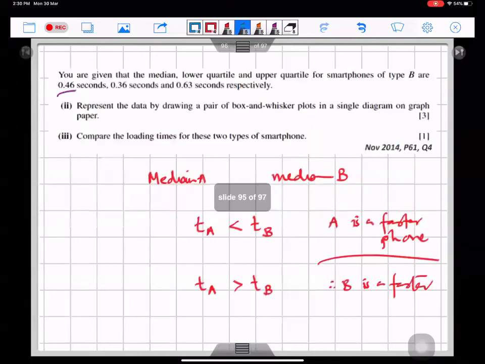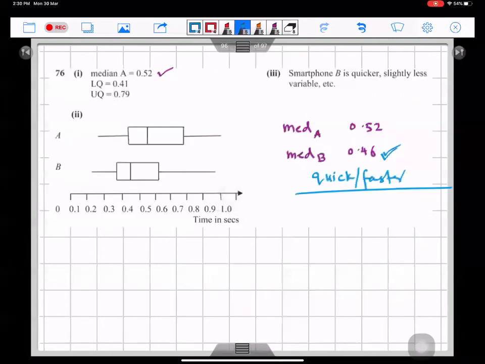I can talk about comparing the loading times. If this is 1 mark, then the median is enough. If it's 1 plus 1, 2 marks, then I can talk about the median and also the interquartile range. This is A, this is B. We see that it's on the same scale. Of course, it should be done on graph paper.